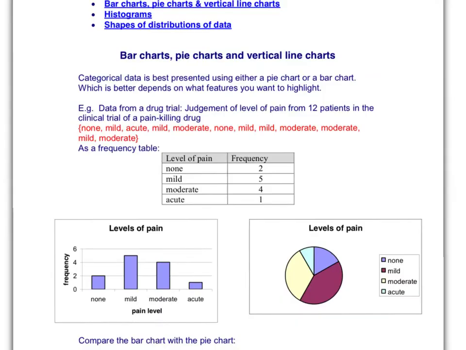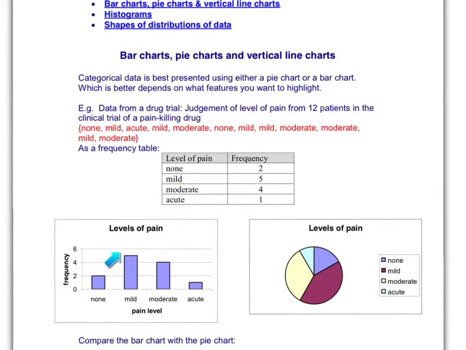So categorical data, rather than quantitative data, is best presented using pie charts or bar charts. So here you have, for example, the level of pain, none, mild, moderate and acute, and the number of times this occurs.